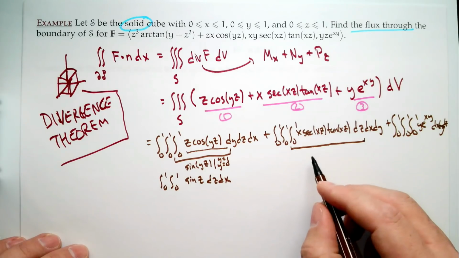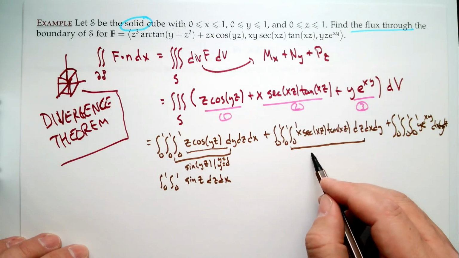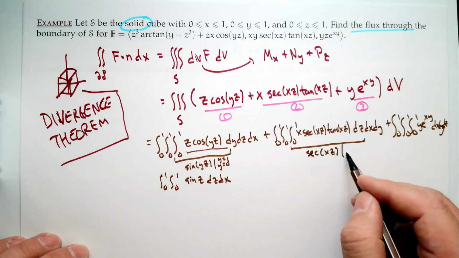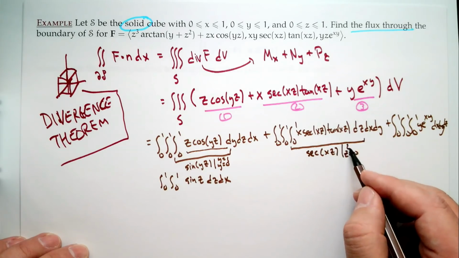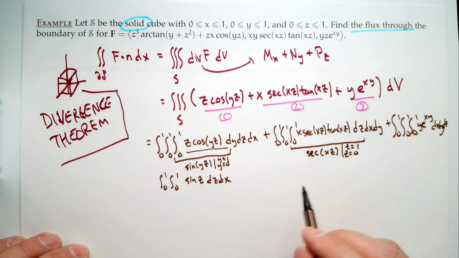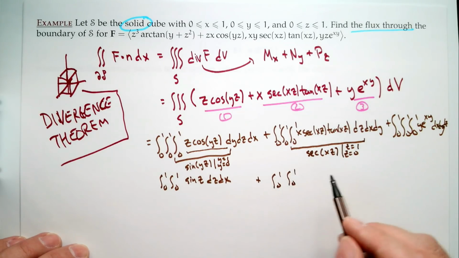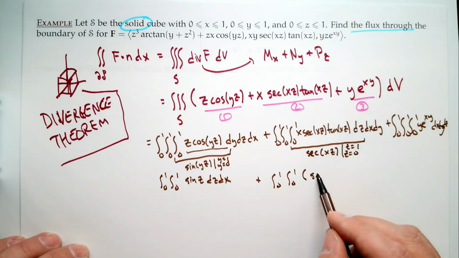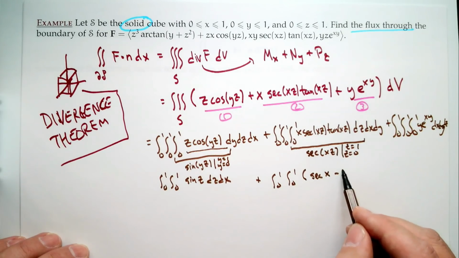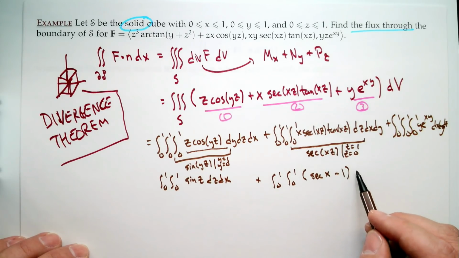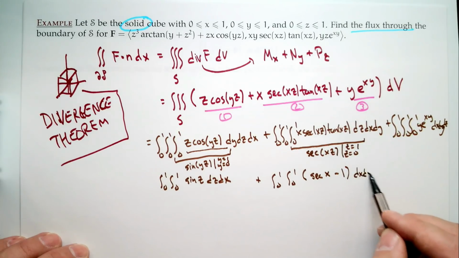So what's happening here is that this becomes secant of xz evaluated from z equals 0 to z equals 1. So what we end up with is integral 0 to 1, integral 0 to 1 of secant of x minus 1. Because we have to plug in z equals 0, secant of 0 is 1. And then we have dx dy.